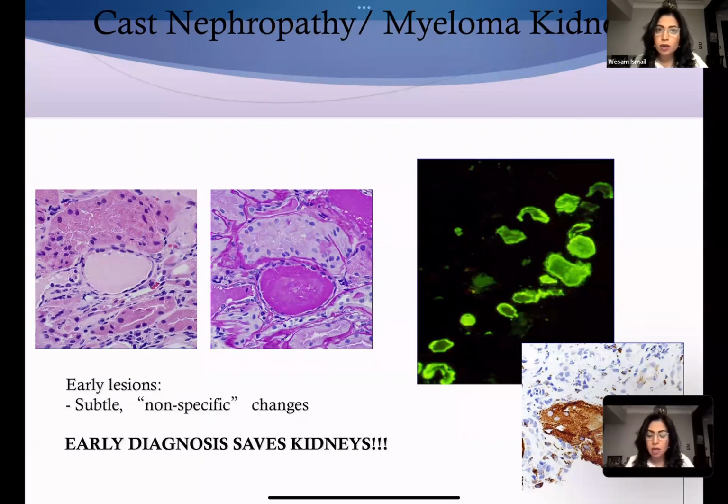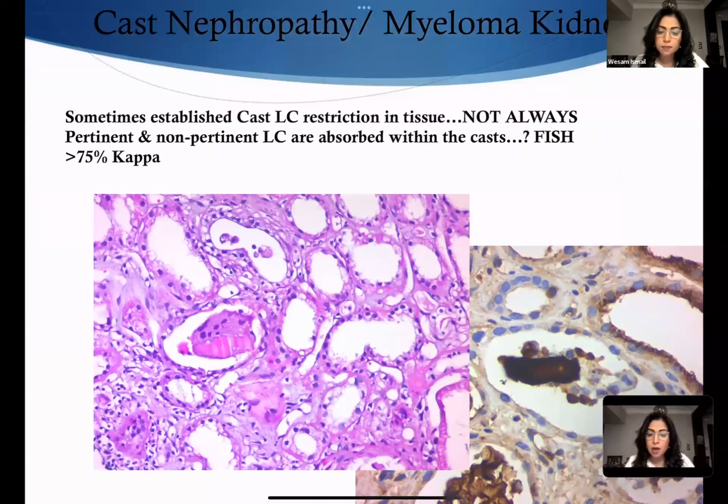However, and this is also an important issue I want to stress, if it is a bit of an advanced case, or if the patient has had the casts for some time in their kidney, the light chain restriction could not be established by immunostaining. Why is that? Because the pertinent and non-pertinent light chains are both absorbed within the casts. Meaning that if the problem is with the kappa chains, like usually what we see in cast nephropathy, or at least in more than 75% of cases they are kappa, then you get the kappa deposited.